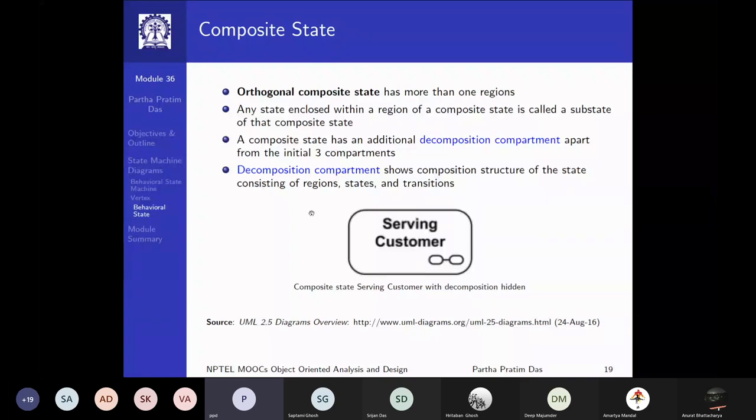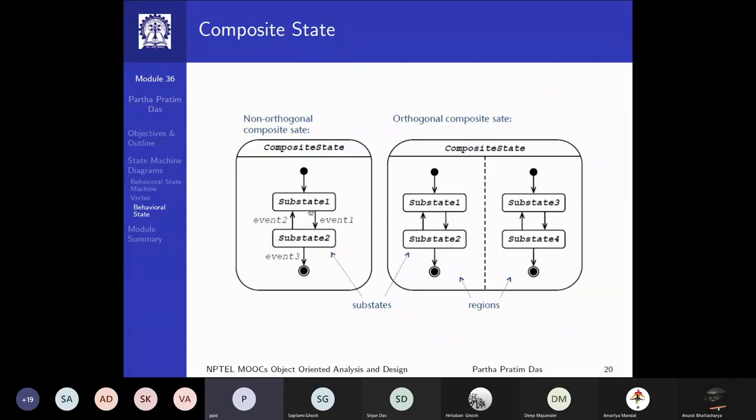So you can see that multiple levels of abstraction are always allowed in the diagram. On the left is one example of a non-orthogonal composite state, because it has only one region. It is an abstract example. You have two substates and there are events which make the transitions between these substates, and a final event which takes you to the final state.